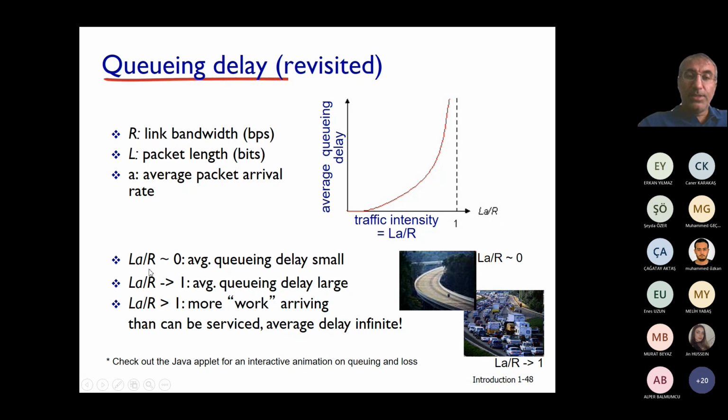So let's look at this. If this traffic intensity is close to 0, as you see, the average queuing delay is small. But when this traffic intensity is close to 1, the average delay is going to be large. If this traffic intensity is greater than 1, that means more work is arriving than can be served. So the average delay is going to be infinite, very high.